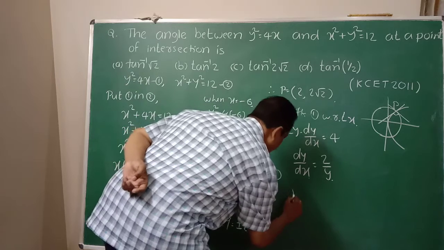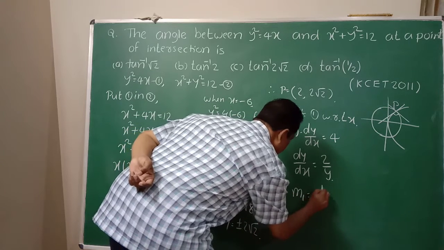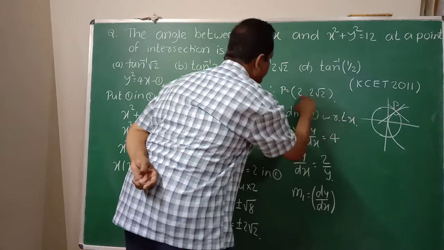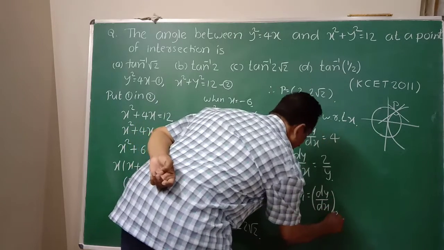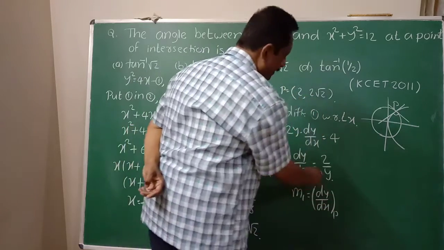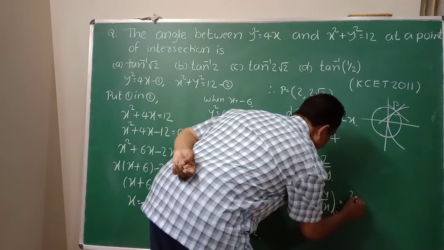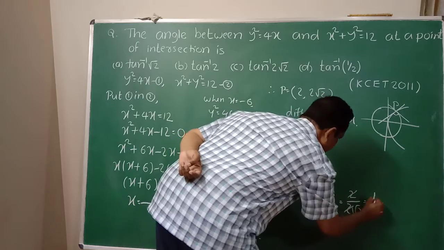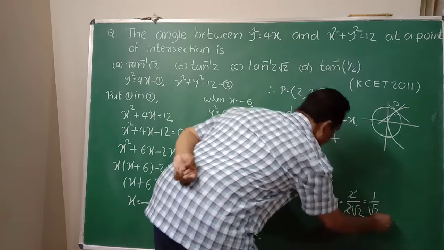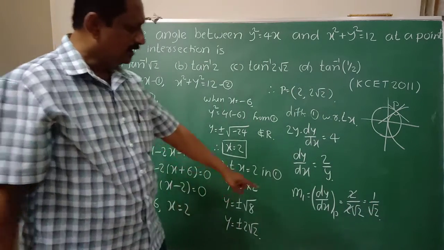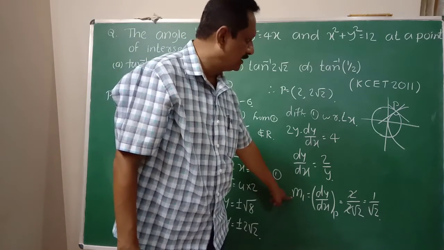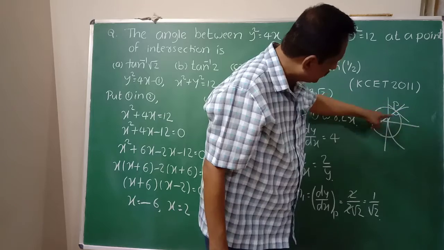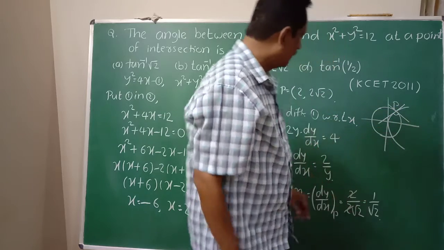Therefore slope m1 here is the slope of the tangent at the point P here. Coordinates of P are 2 comma 2 root 2, therefore y is 2 root 2 here. So 2 divided by 2 root 2, 2 and 2 cancel. Remaining is 1 divided by root 2 here. It is the slope of the tangent to the parabola. Okay, this is a tangent here. Slope of the tangent to this parabola is 1 by root 2 here.